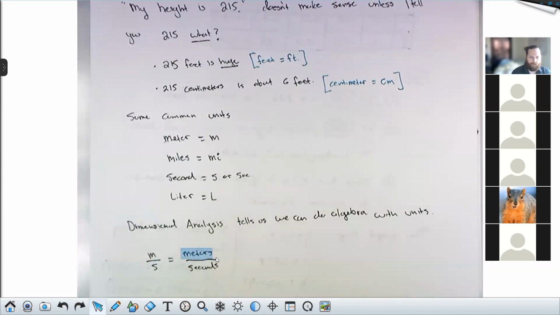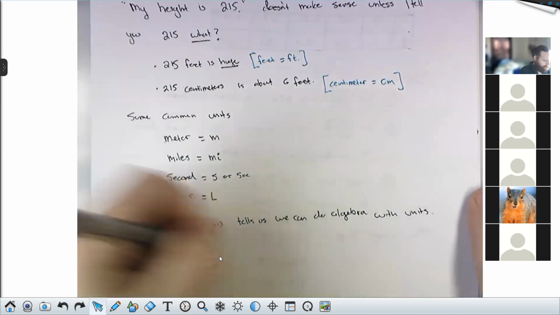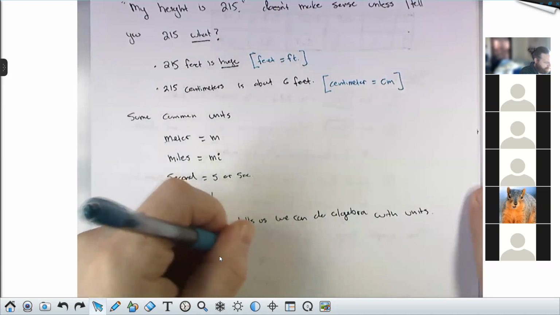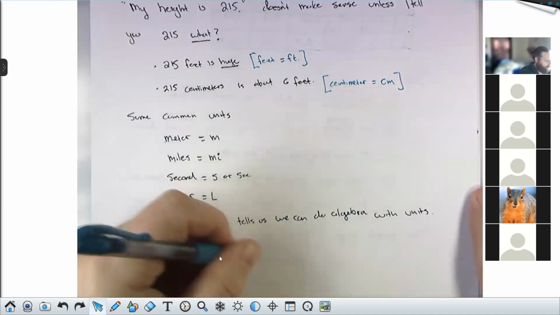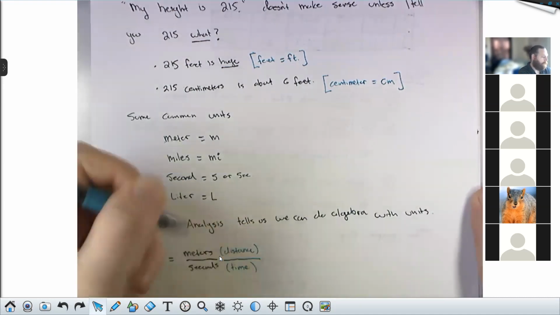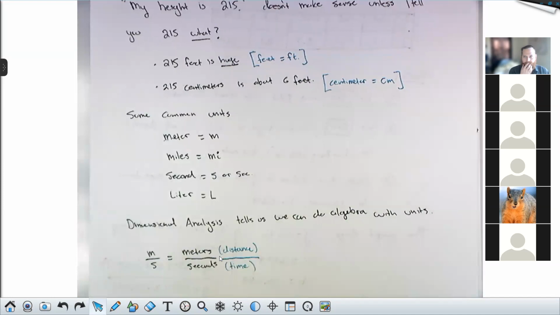If you discuss some distance, so this is a distance, and you divide it by a time, where else have you seen something like that? Next time you get in your car, look at your speedometer.